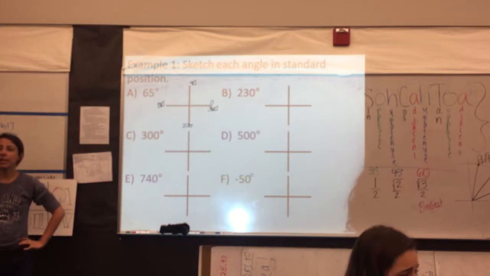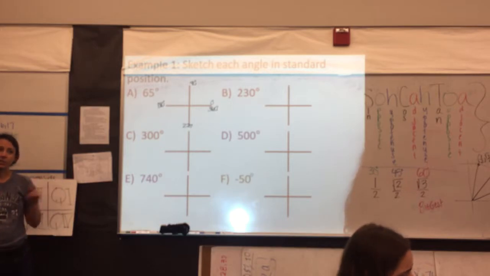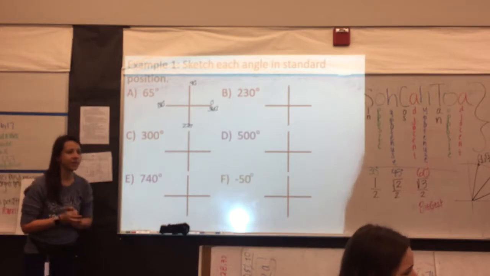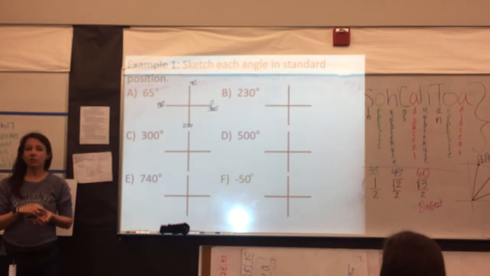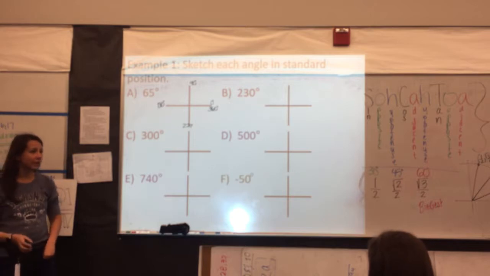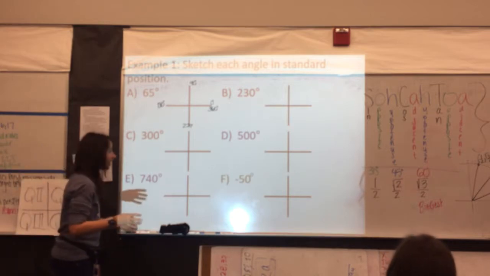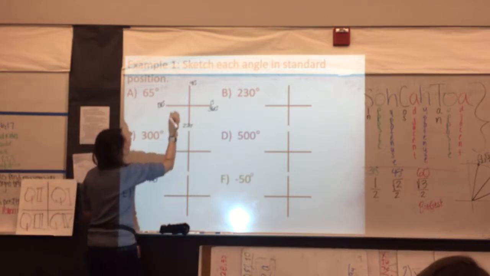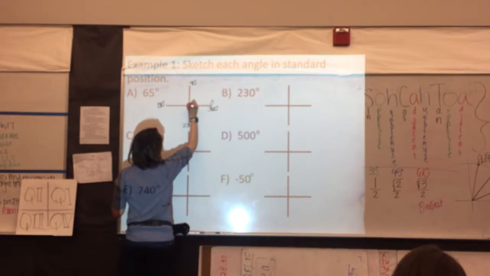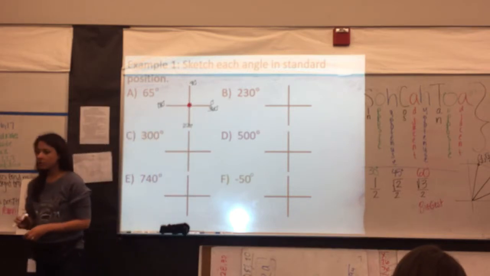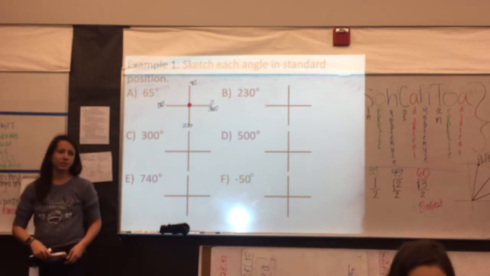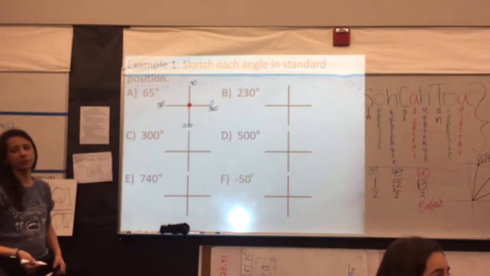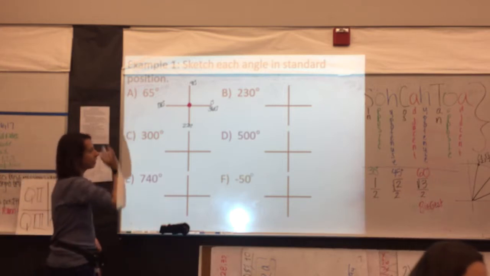To sketch an angle, it's pretty simple. This is going to be the easiest part of the unit, but you got to pay attention. The vertex of our angle is always, always, always at the origin. No matter what type of angle we are plotting, it's always at the origin. So I'm going to plot my vertex. It's not a big, huge dot like that, it's just a little pin dot.